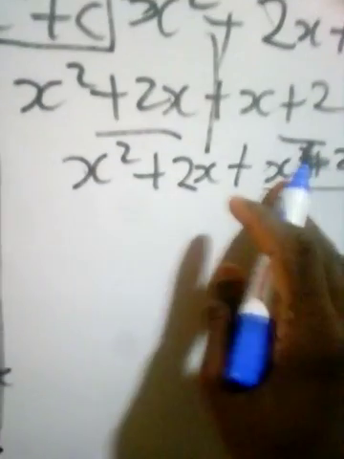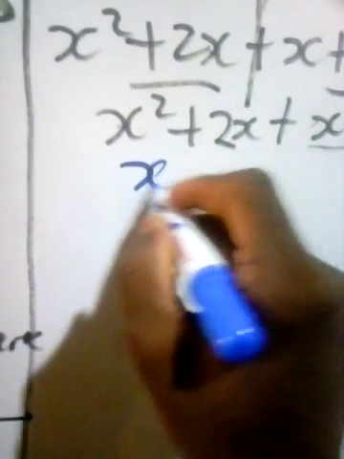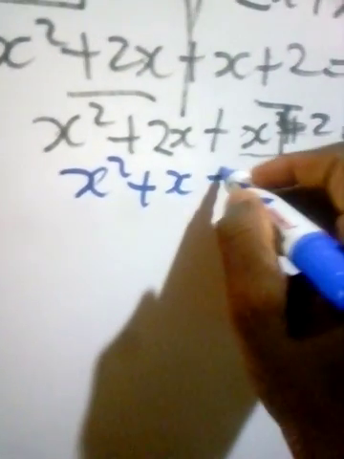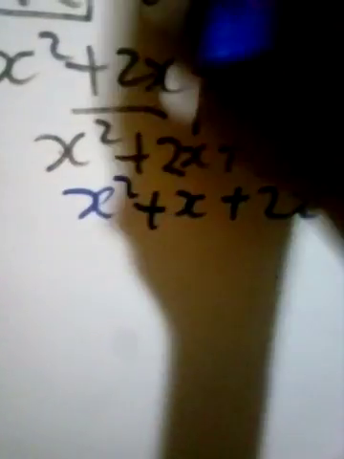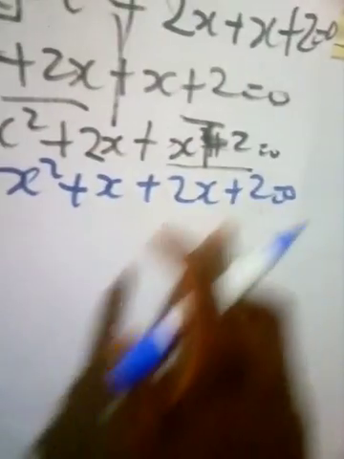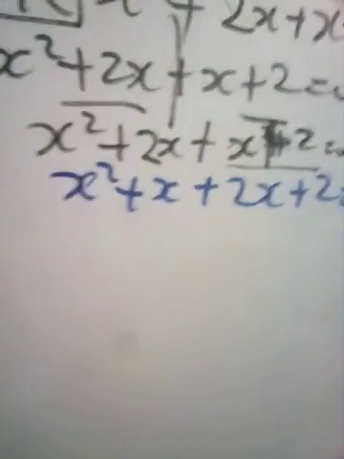Now I will shift this x here and this 2 here. So I have x squared plus x plus 2x plus 2 equals 0. Now the reason I did that is so that I can easily factorize out x here and easily factorize out 2 here. So I can bring out x on one side and bring out 2 on the other side for simplification purposes.